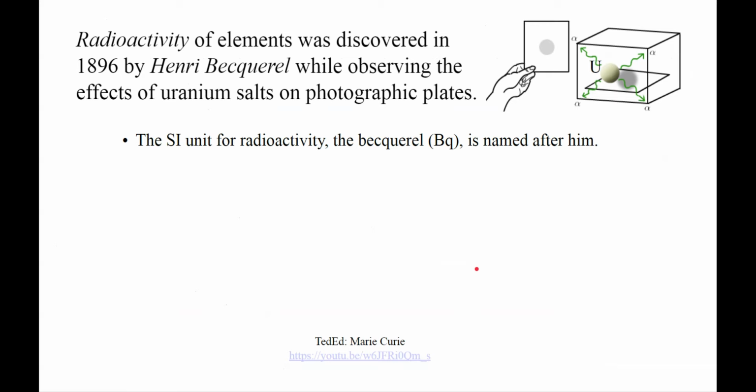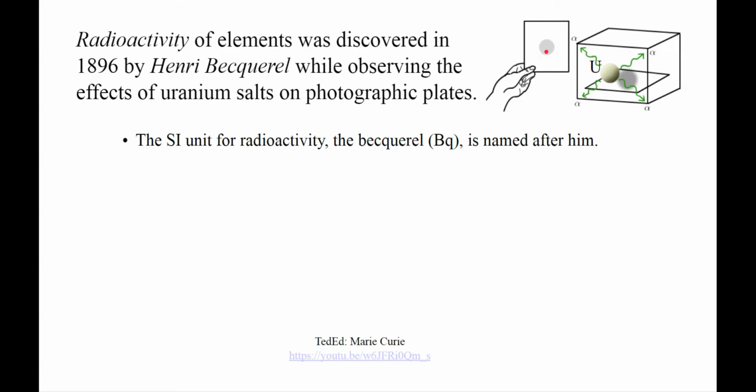Tiny bit of history in this chapter. Radioactivity was first discovered by Henri Becquerel. He was working with pitchblende, which is a uranium-containing compound, and he incidentally found that when his uranium was put up in a drawer, so encased, it caused some photographic plates to become exposed, to develop.